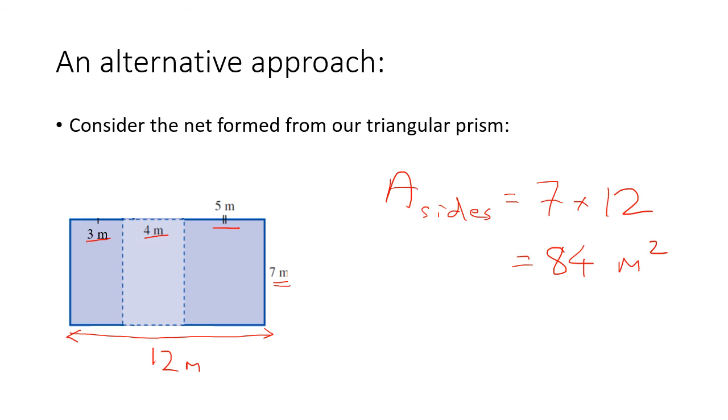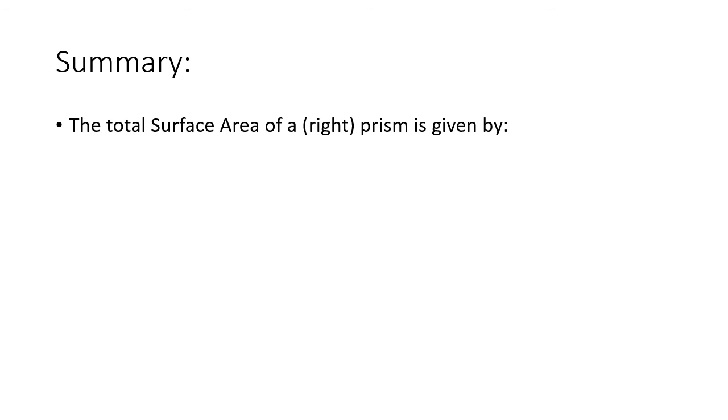questions anyway. Okay, so in summary, when you've recognized that you're dealing with a right prism, in order to find the total surface area of that prism, we can either just calculate the areas of all the sides and add them up. Now remember, you'll always have two identical ends and then however many additional sides we've got depending on what the shape of the end was.